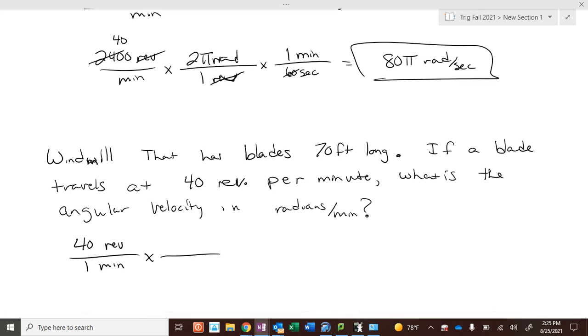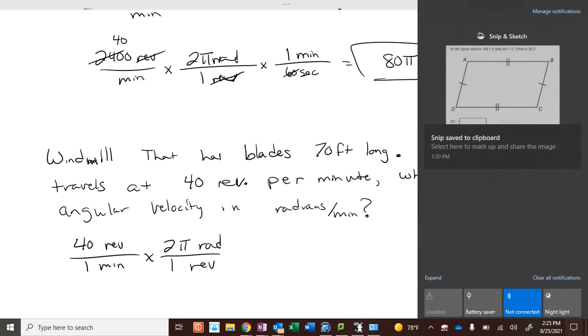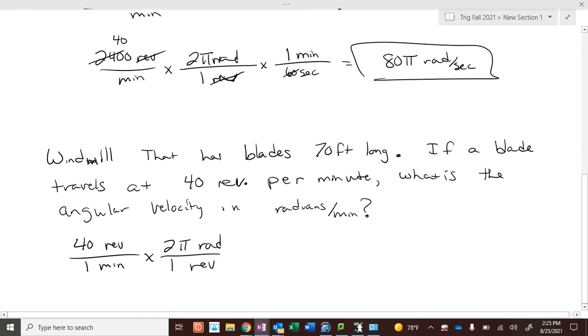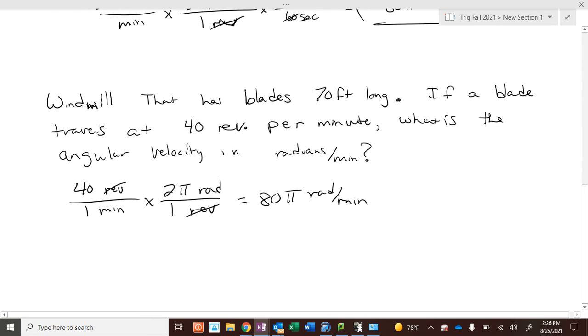What do you multiply by? 2 pi radians over 1 revolution. Do I have to change anything else? No. What does 70 have to do with it? Nothing with this part of the problem. Okay, so the revolutions cancel, and we get 80 pi radians per minute. Okay, we'll come back to this problem again in just a little bit.